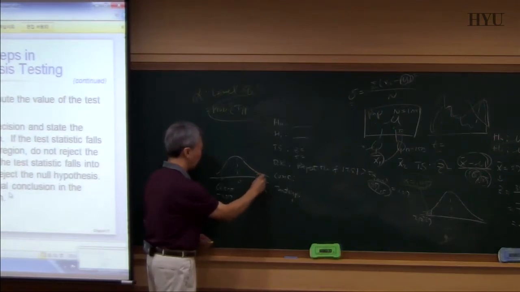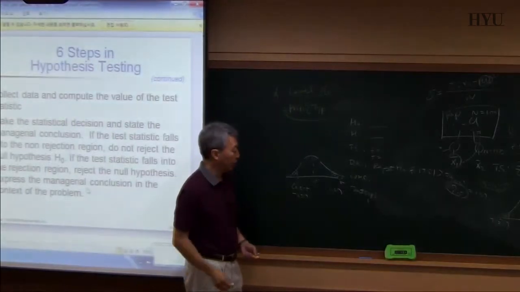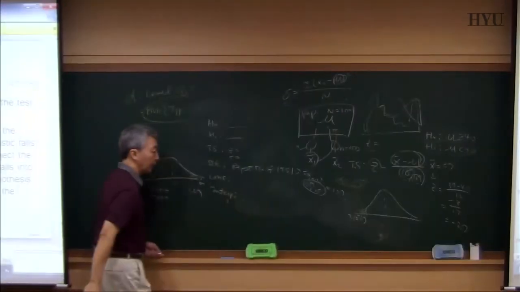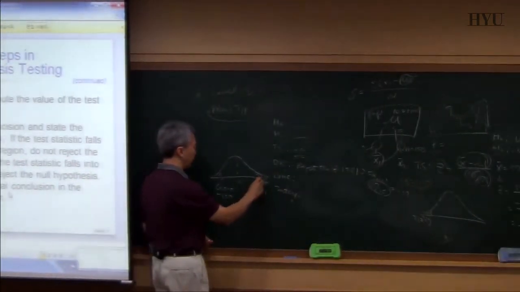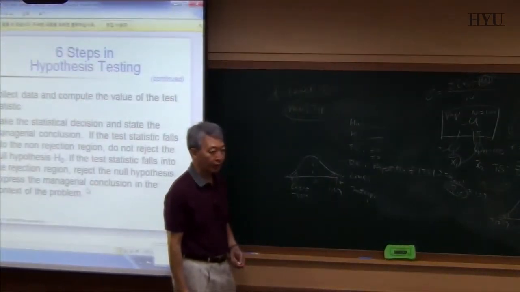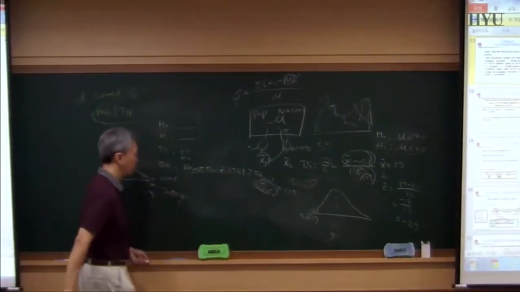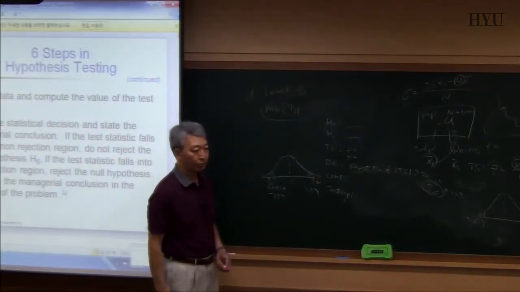So you have a rejection region here. So your decision rule is if your test statistic either positively or negatively exceeds this critical value, then you're going to reject the null hypothesis. Do you understand this decision rule? This is the case of a two-tailed test.